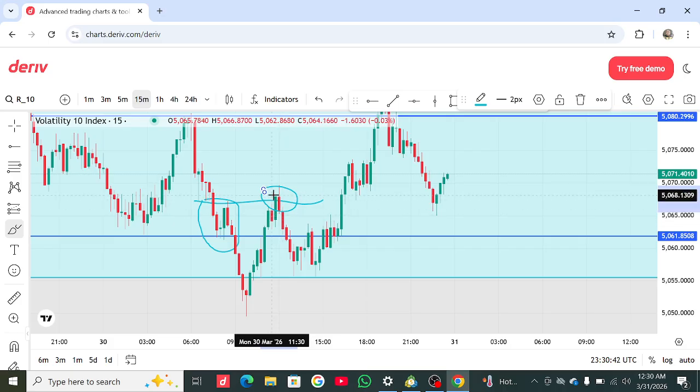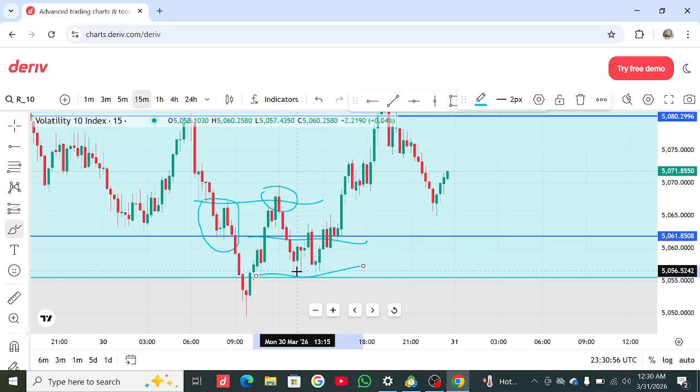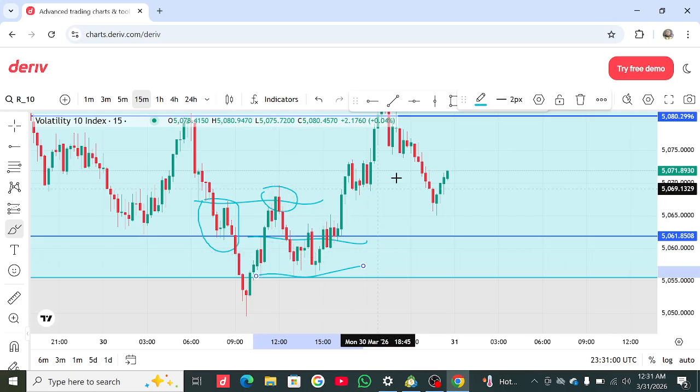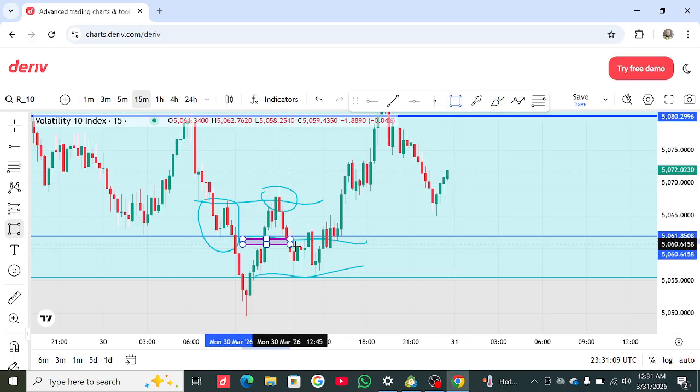Once we see something like this, we'll use this candle as our order block, and as it comes to this area, we'll use this candlestick as our order block.